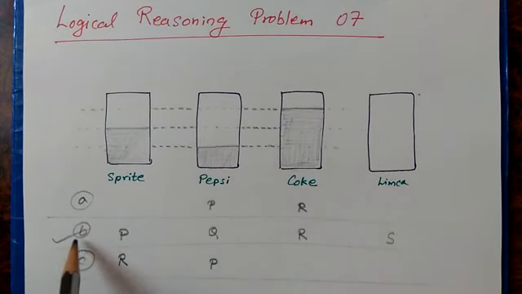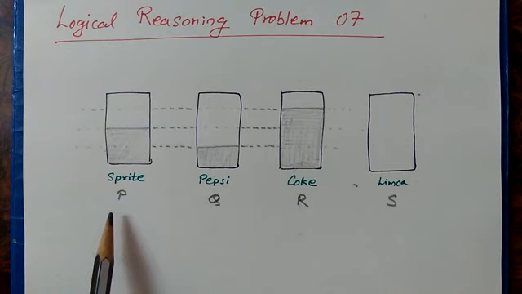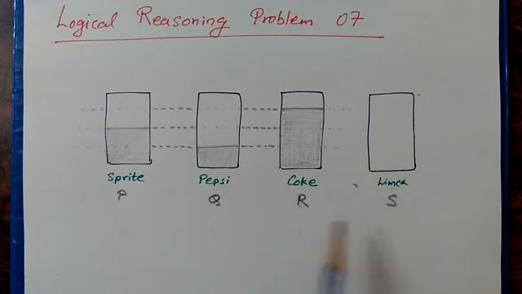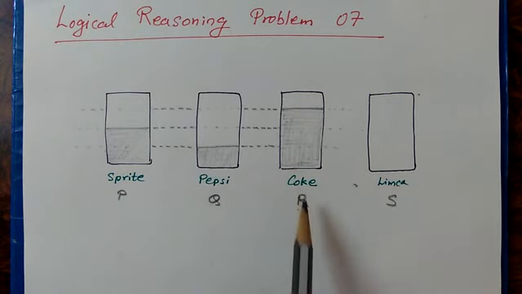We'll stick with this, and let's erase this and rename these bottles. It is also mentioned in the question that 4 bottles P, Q, R and S are arranged side by side. So this naming convention is fulfilling all the conditions. Sprite should be P, Pepsi should be Q, Coke should be R, and Limca should be S. Okay, let's move on.